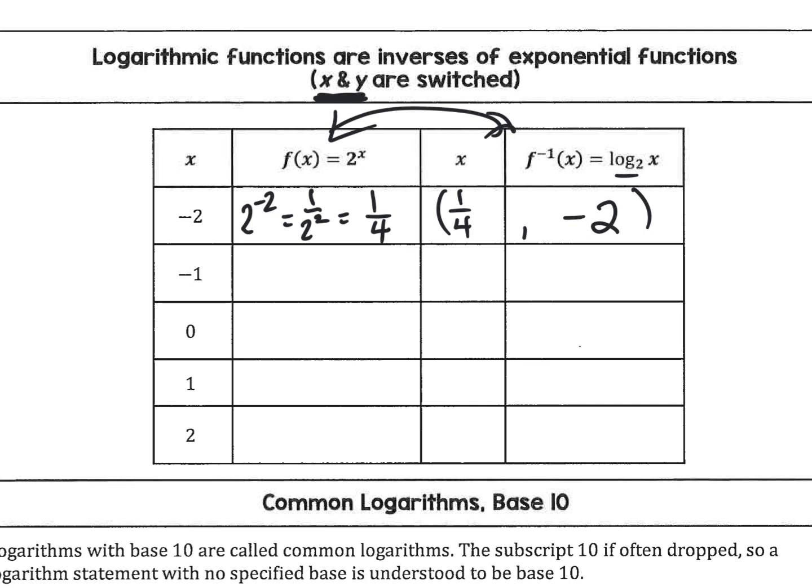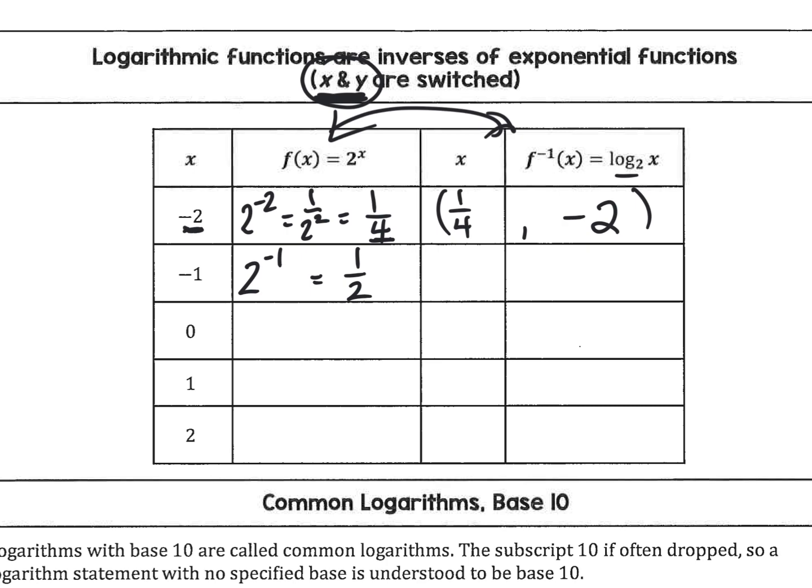What if we do 2 to the -1? What's it going to be? 1/2. Wait, so how'd you get -2 over there? Oh, because the x is -2 and the y is 1/4. And what did we say we do with the x and the y for an inverse? We swap them.